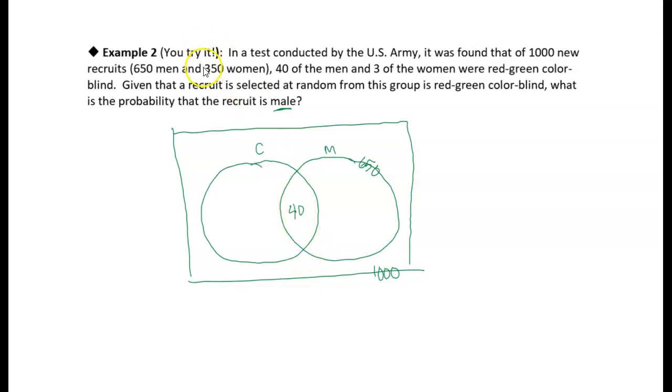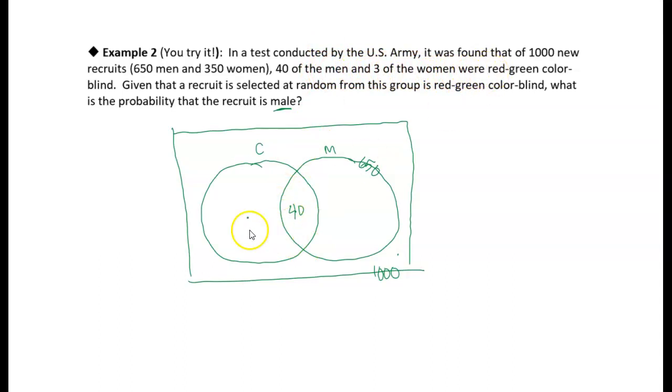Now, we've got some other information too. We know there are 350 women, but some of those women are colorblind and some are not, right? So some are going to go inside this colorblind circle and some are not. So we can't really split that up yet. We know that 3 of the women were red-green colorblind.